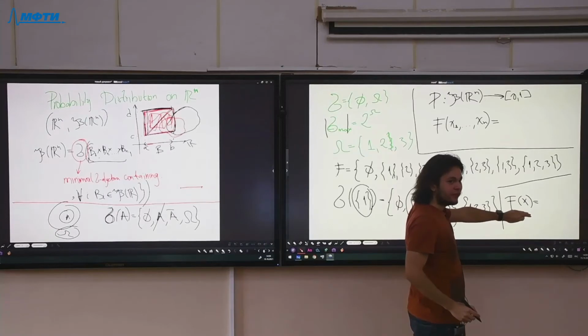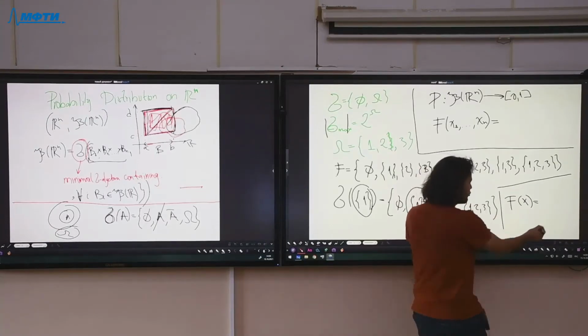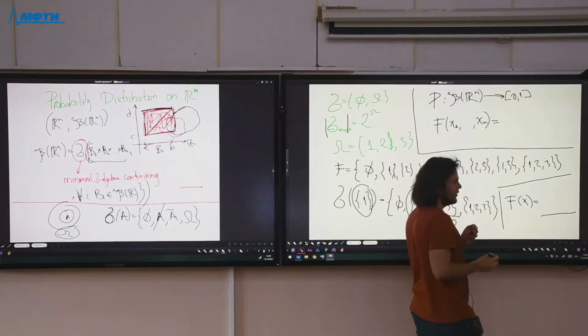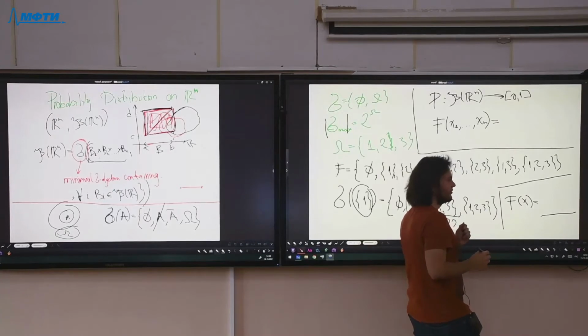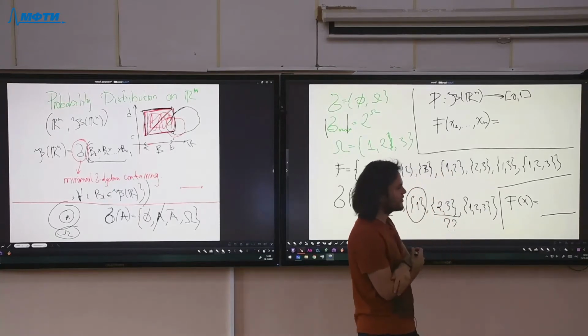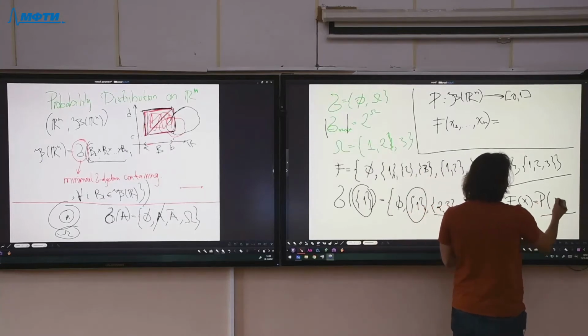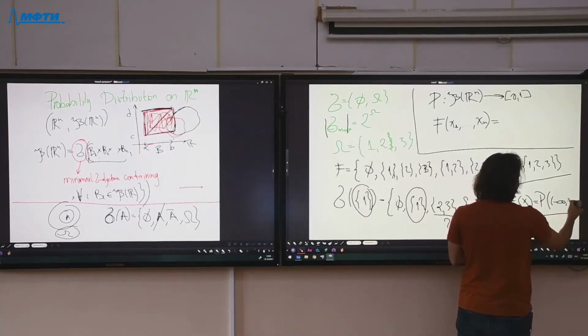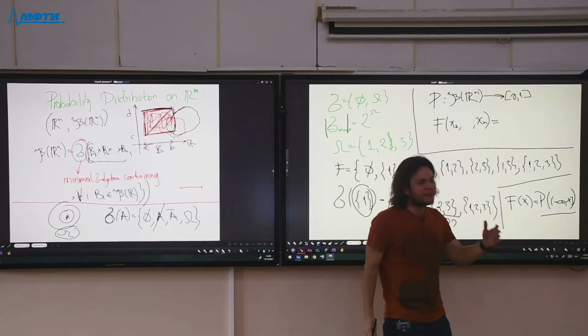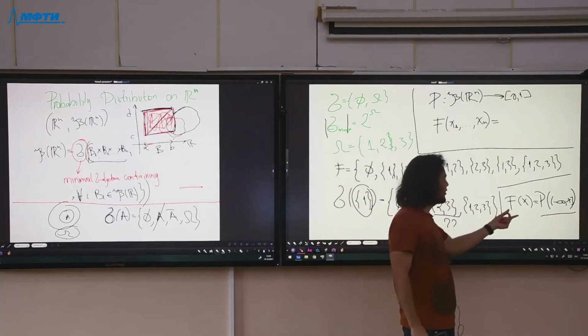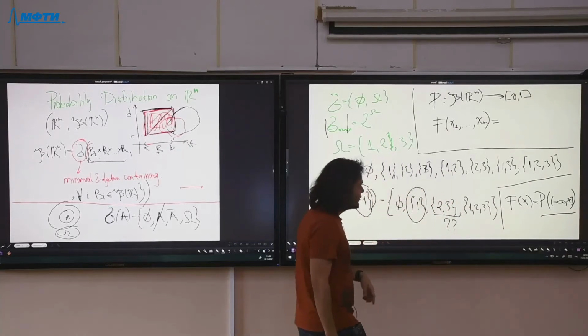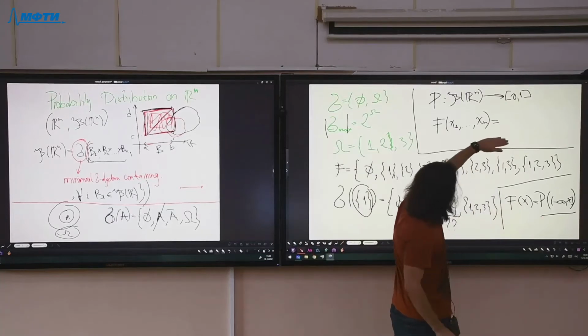The CDF. What should I write here by definition? So what is the CDF? The probability from minus infinity to x. So the probability that the random variable is less than or equal to x, right? So if we know this, what should I write over here?